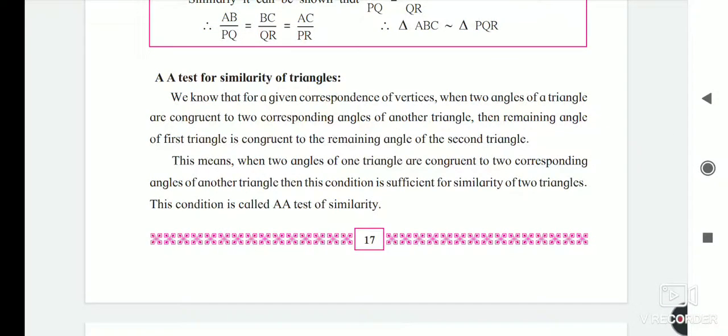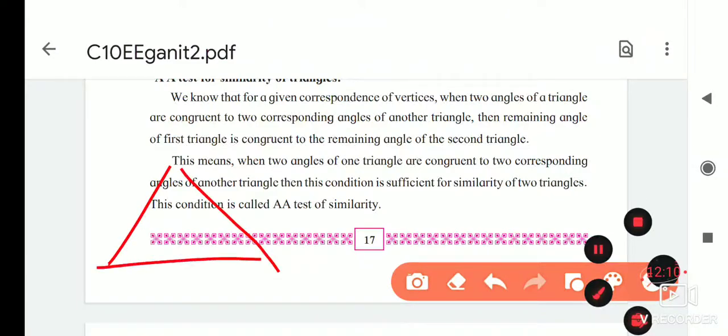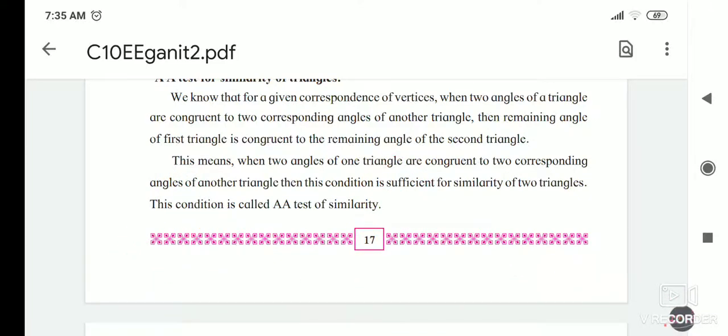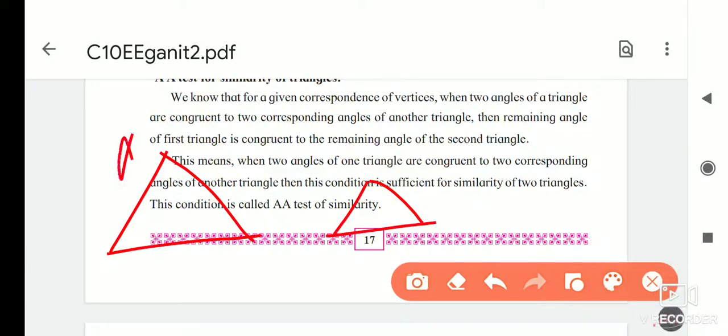As we know, the sum of all angles of a triangle is 180 degrees. Suppose I draw here two triangles, this is triangle ABC and that is PQR.